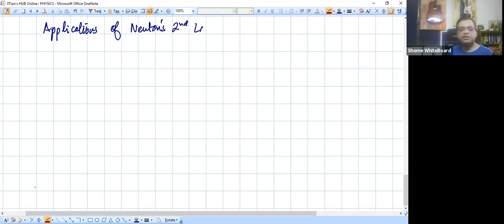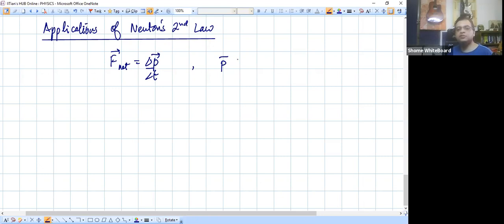And as we have been discussing, in general, Newton's second law is that the net force on a body is equal to rate of change of momentum. Instead of calculus, we will use the language like this: delta p by delta t, where linear momentum is mass into velocity.